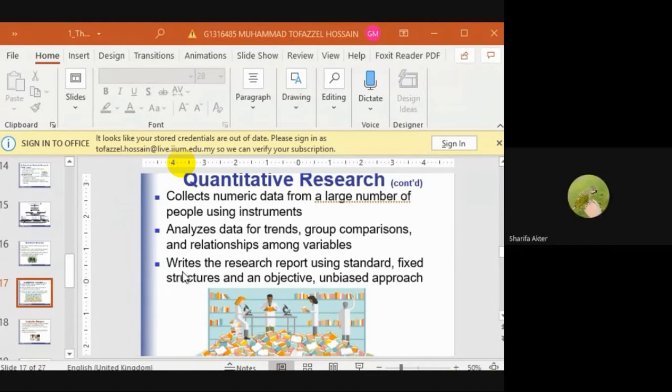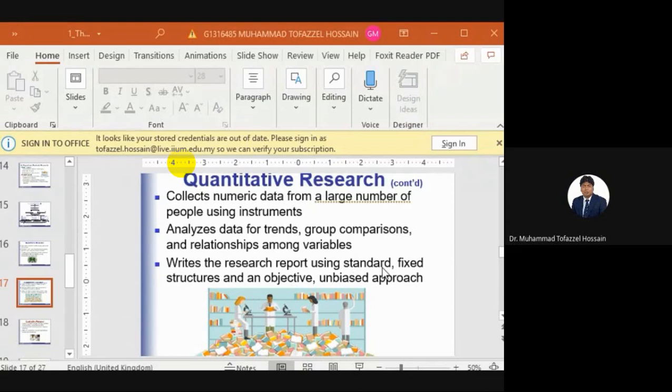Write the research report using standard fixed structures and an objective, unbiased approach. So when you write the report, you have to follow the standard given by the particular department or the university, or your institution or organization, or any journal, as per the demand.